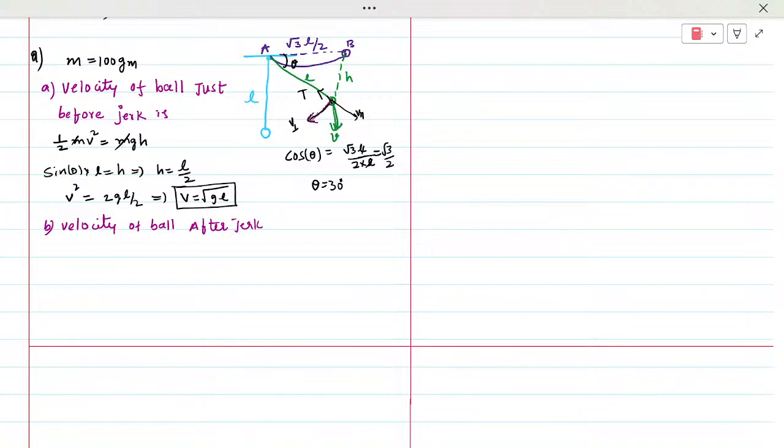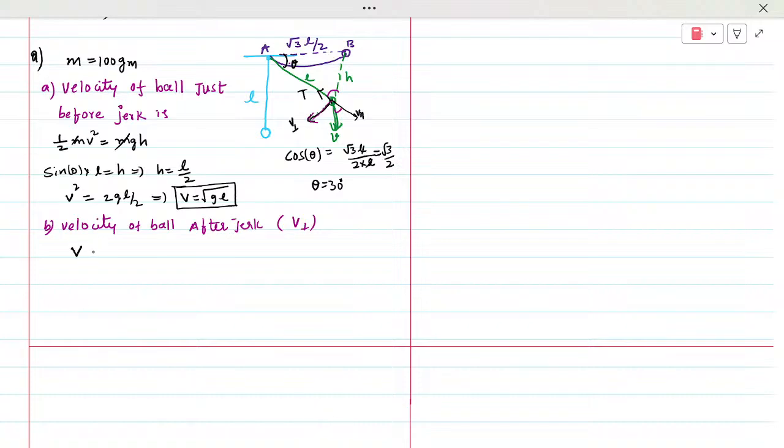After the jerk, the velocity of the particle will be in the direction of v perpendicular. So here this is 37, it is 53, right? This one also 53.